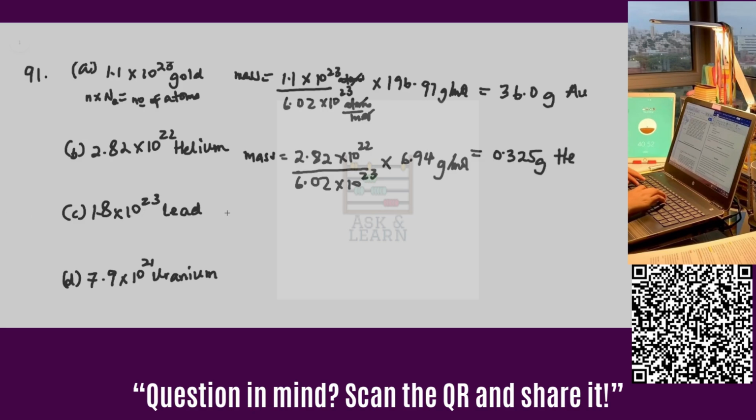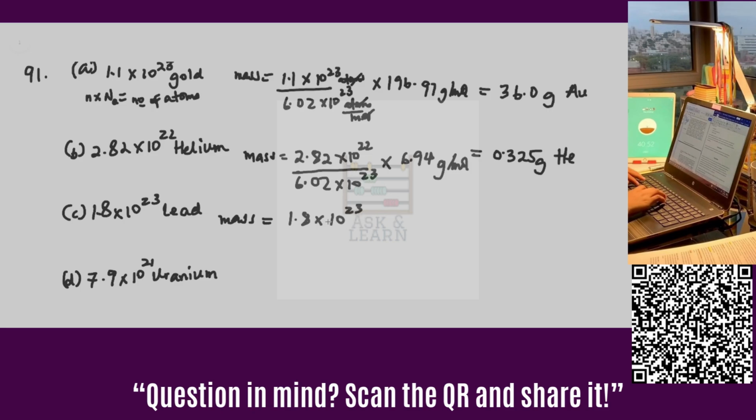Moving forward, we use a similar method for lead. We've been given 1.8 times 10 to the power 23 atoms of lead, and we need to determine the mass. The mass is going to be equal to finding the moles first, then multiplying by the molar mass, and we determine the moles by taking the number of atoms and dividing by Avogadro's number.